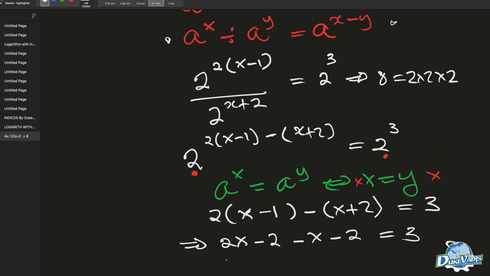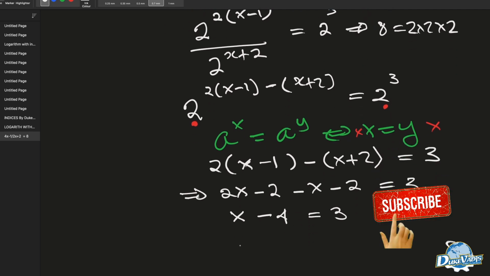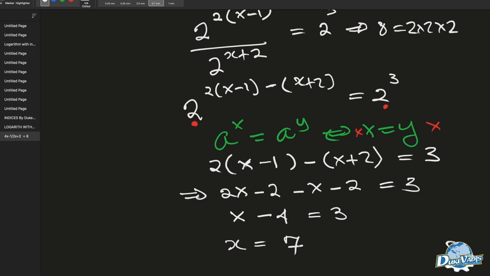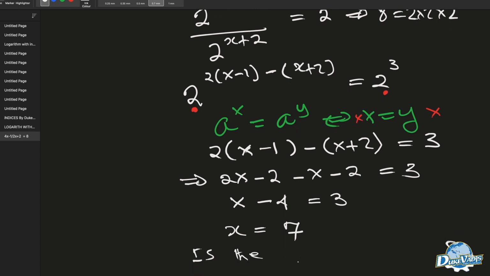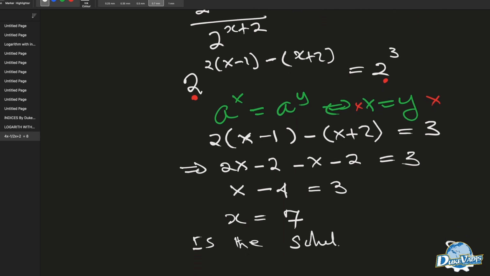So we have 2x minus x is x, and minus 2 minus 2 is minus 4, equals 3. So therefore, our x is equal to 7. It's the solution required.